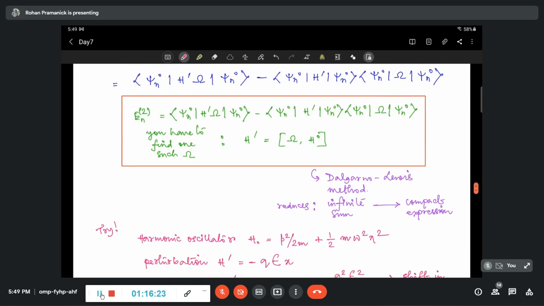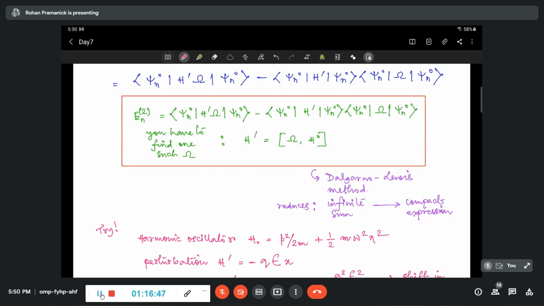So the approach to do this is first to find this omega. This omega can be found from this commutation relation, h prime equals the commutator of omega and h naught, and you apply it on any psi n, whichever psi n you like, on both sides, and do the derivative.